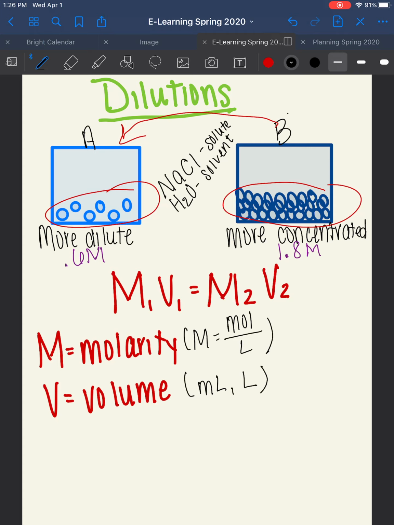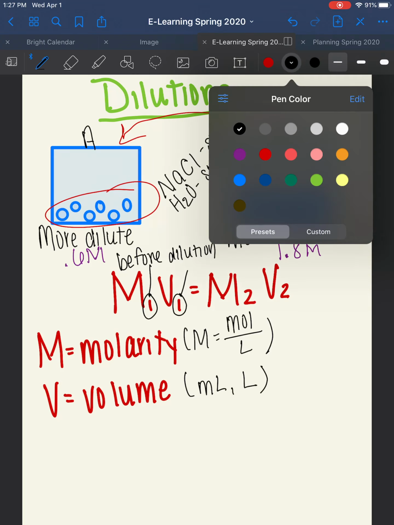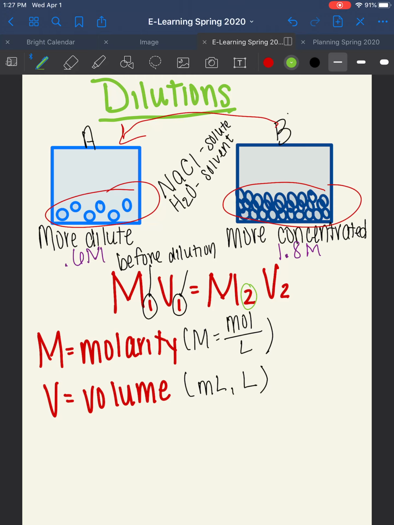What about the little numbers? The little ones are your molarity and your volume before dilution, and the little twos are your molarity and your volume after dilution.